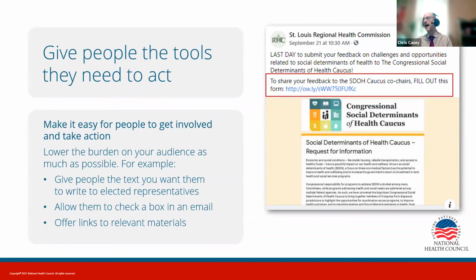Allow them to check a box or click a button in an email. We've done email campaigns where a big button outperforms an in-text link in terms of engagement and clicks. And then, again, offering links to relevant materials. So, this campaign from St. Louis Regional Health Commission just gives people everything they need to send a clear message to legislators right there on the spot.